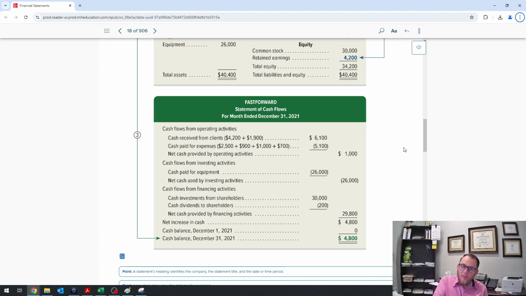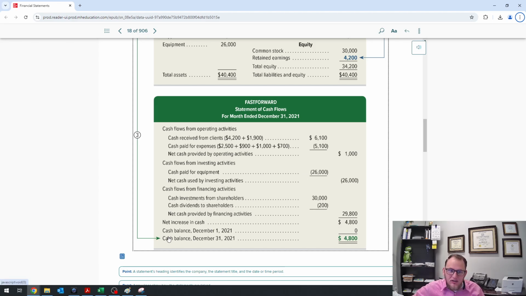So how we got from our beginning cash to our ending, and it breaks out our movement of cash in three different categories. There's our operating activity, which is our business activity, investing activity, and financing activity. Again, we're going to look at this much more in depth later on, but just to give you an idea, that is our four financial statements.